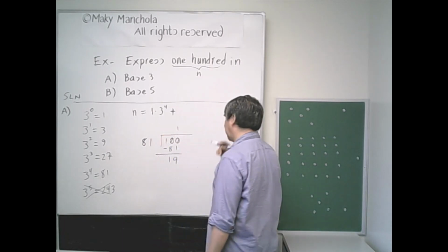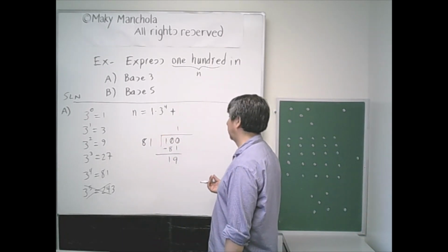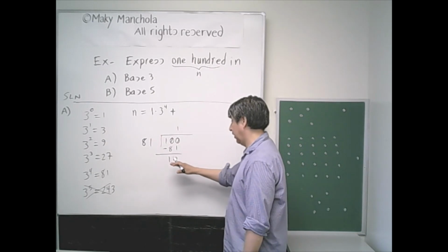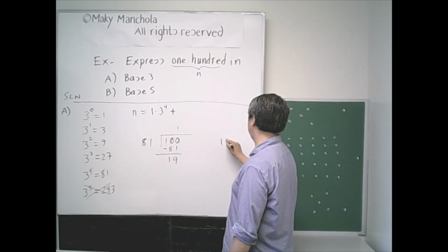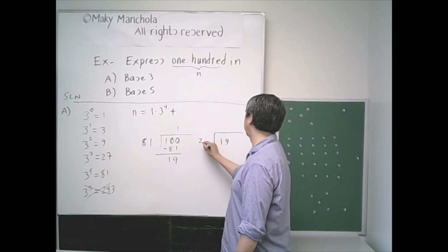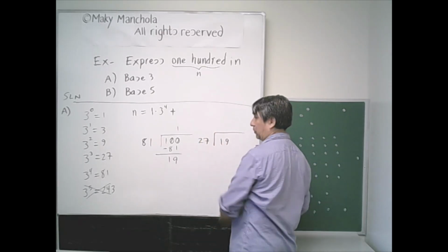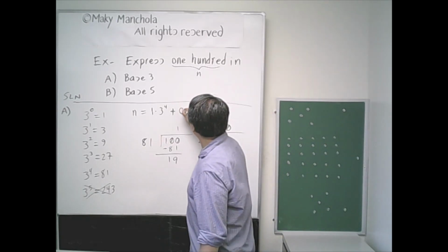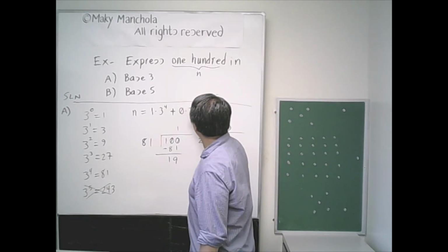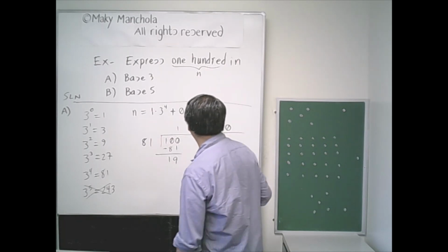plus how many 27s should we use? Well, let's divide 19 by 27. 27 doesn't go into 19, so 0. There are 0 of them. So plus 0 times 3 to the third plus.